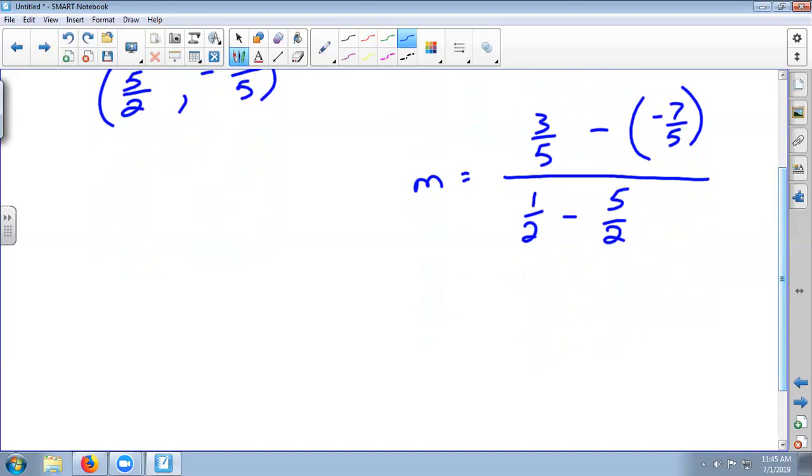What is 3/5 minus negative 7/5? Those are both negative, so they get added together. 10/5. Okay. 1/2 minus 5/2.